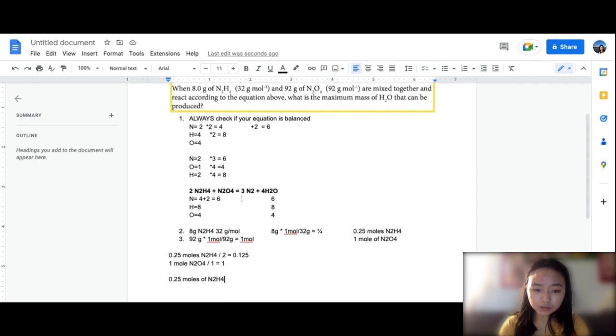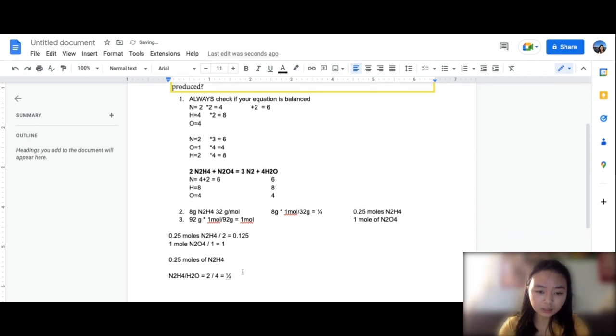So according to our stoichiometric equation here, our mole ratio between N2H4 over H2O is equal to 2, the stoichiometric coefficient here, over 4, the stoichiometric coefficient here, and that's equal to 1/2.